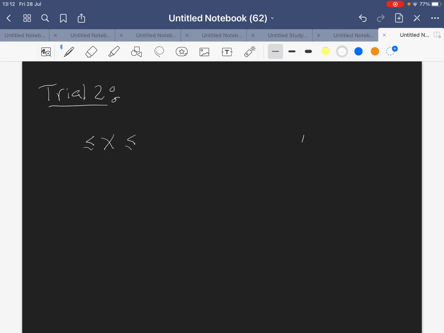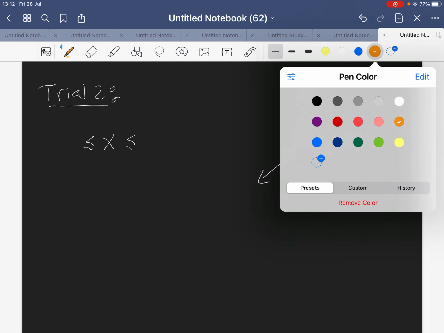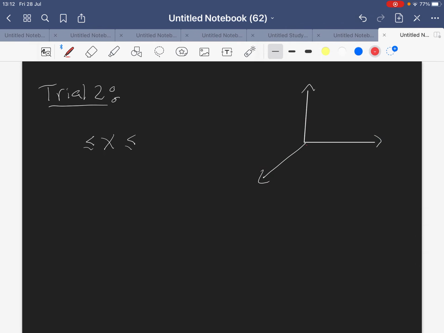So just let me quickly go back and sketch the region. Just to remind ourselves that this is the region. It looks like this. And then, of course, at 4, I need to stop it.